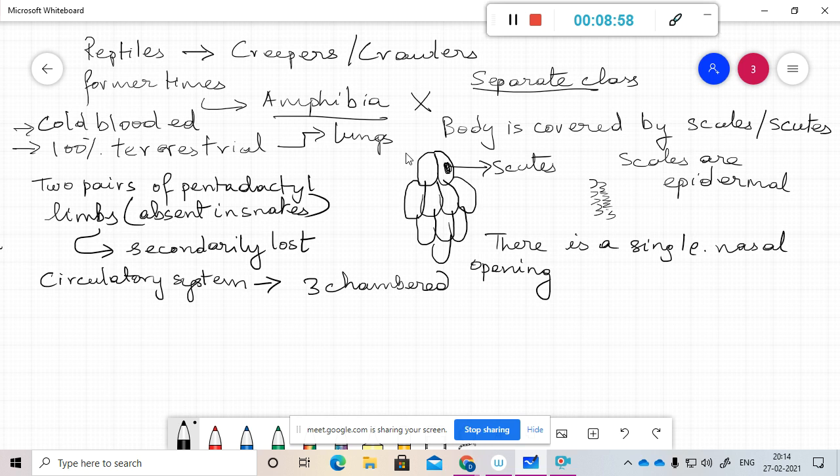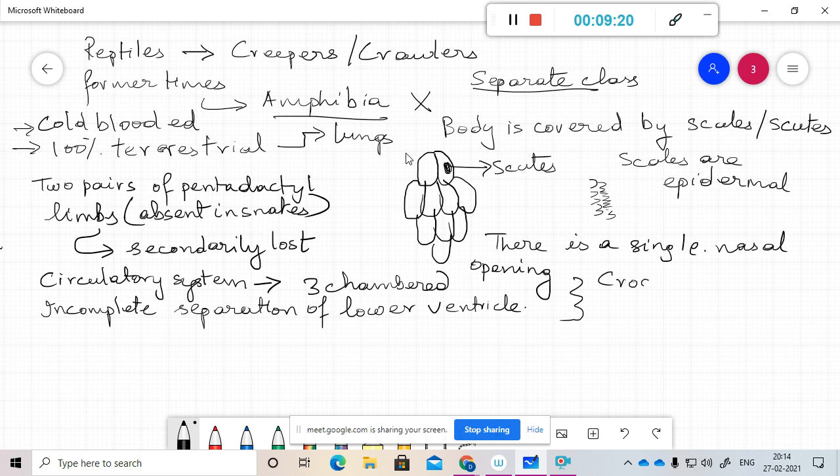The heart is three-chambered, with incomplete separation of the lower ventricle. There is only one exception, crocodile, which has four limbs, and the heart is four-chambered.